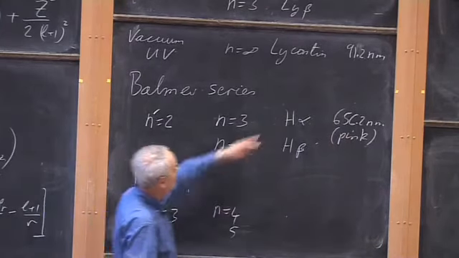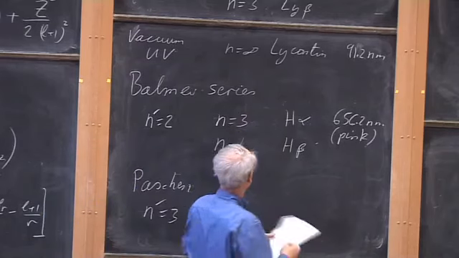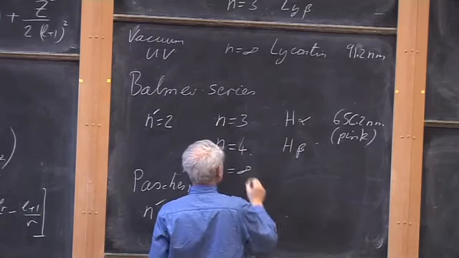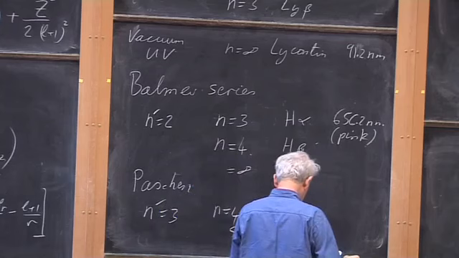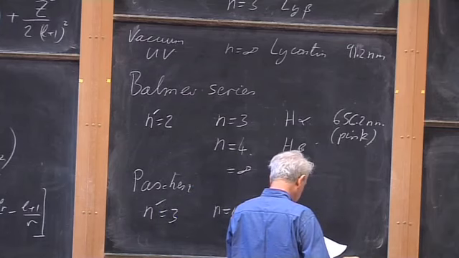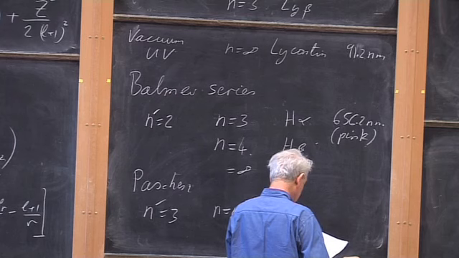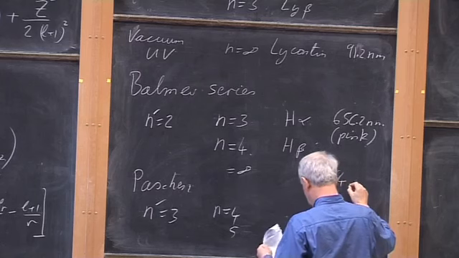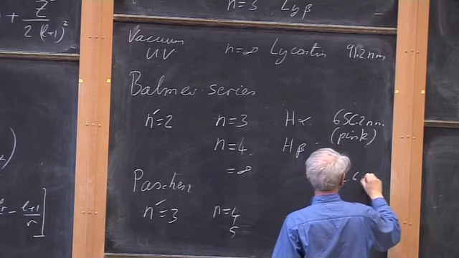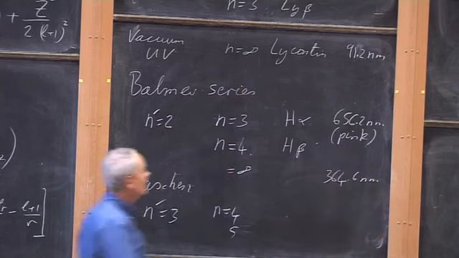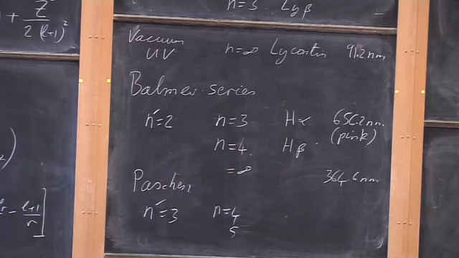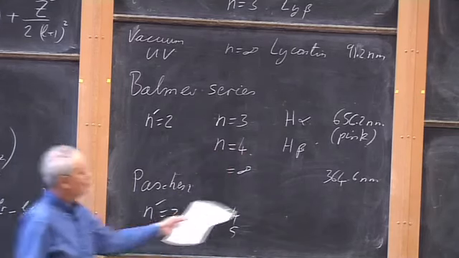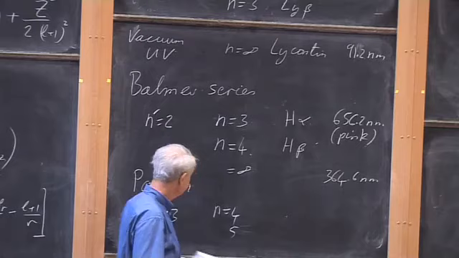As you go down this list, the wavelengths get shorter as you go to infinity. Where's the series limit? I did write it down here. 364.6 nanometers. So they go from pink light right through the rest of the optical spectrum to the ultraviolet region.